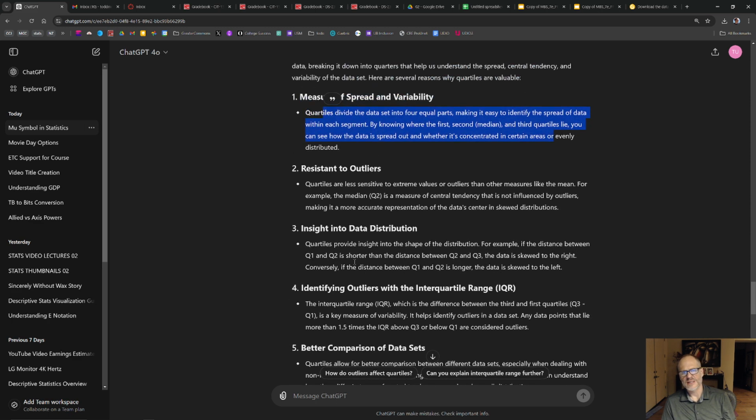Quartiles are also resistant to outliers. They're less sensitive to extreme values or outliers than other measures like the mean. So for example, the median, Q2, is a measure of central tendency that is not influenced by outliers, making it a more accurate representation of the data's center in skewed distributions.